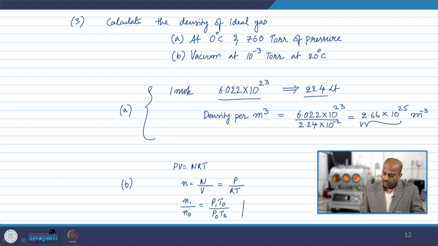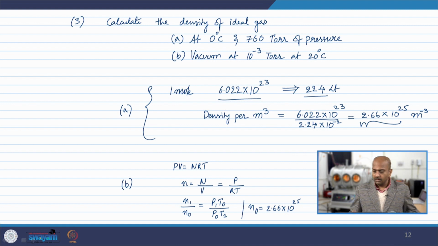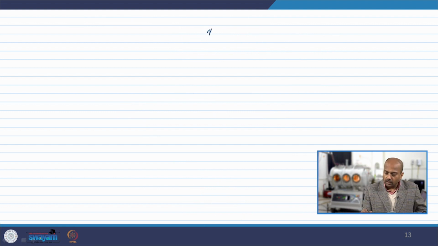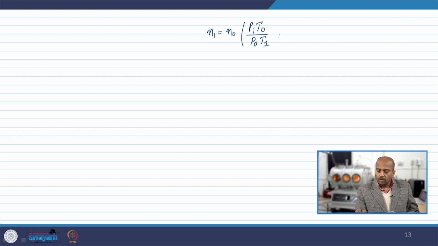N0 has to be 2.66 times 10 to the power of 25 per meter cube, and you have to find the value of N1. So, N1 is N0 P1 T0 by P0 T1.